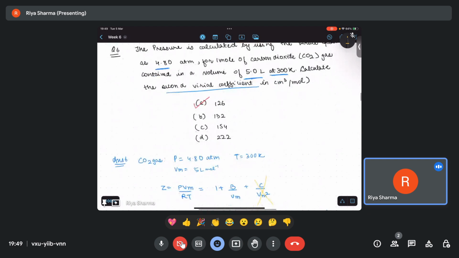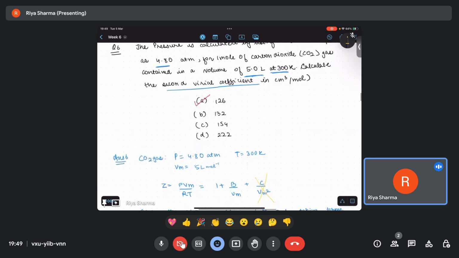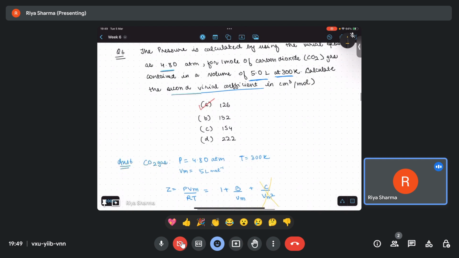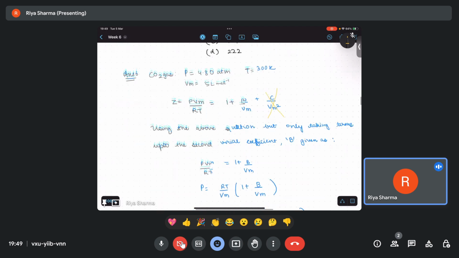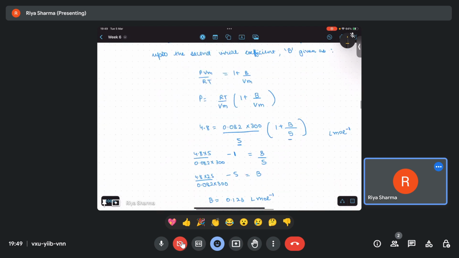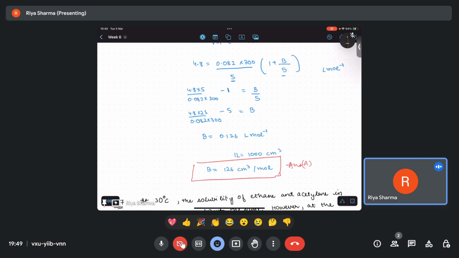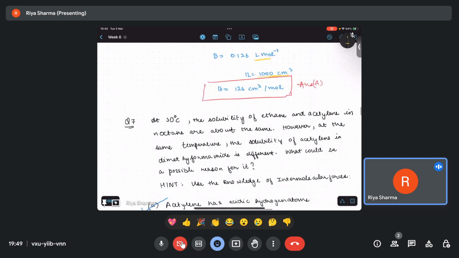The other question which we tried to do was, we had a few virial equation terms, and we had to find the second virial coefficient when Vm was given at a particular pressure and temperature. So we wrote the equation in P equals 1 by BRT, and since one quantity was given in liters per mole, we converted it to centimeter cube.